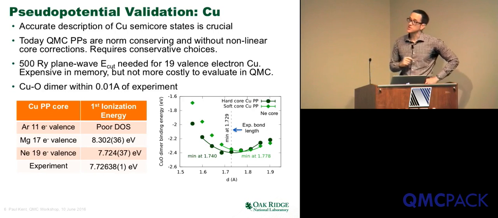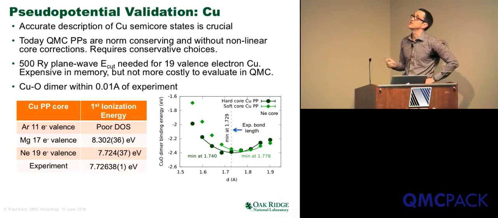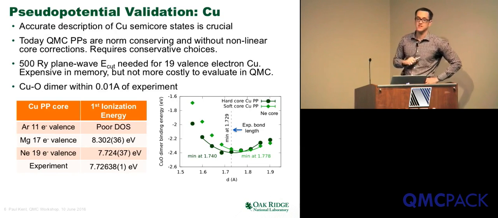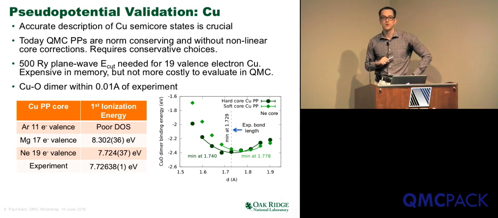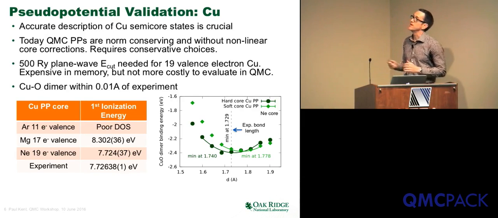So this is quite hard. This uses a lot of memory, both in the underlying DFT calculation for the trial wave function, but also in the splines, which we've heard about. But I should stress, of course, this only affects the memory usage. It's actually not more costly to evaluate in the quantum Monte Carlo because we're evaluating in real space. But this wave function is going to have to fit in memory.